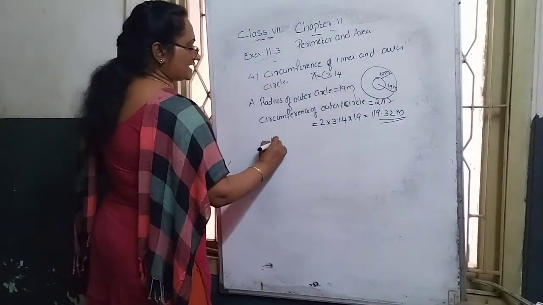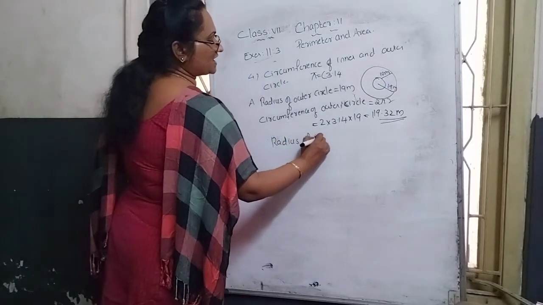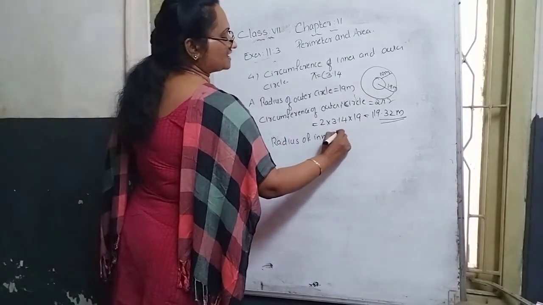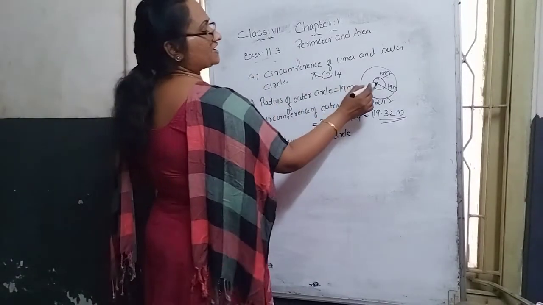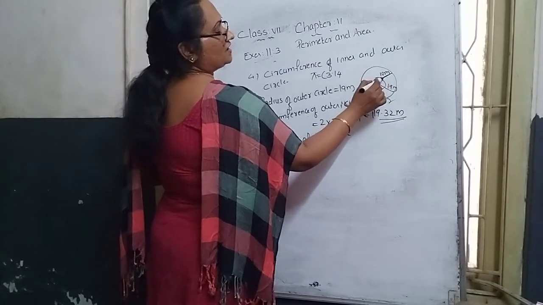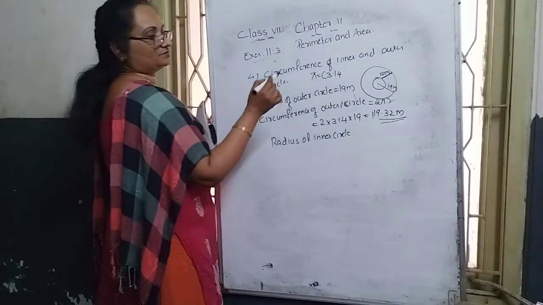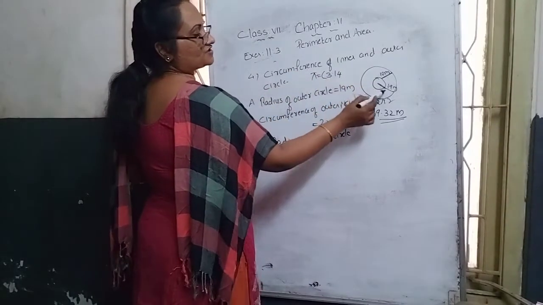Next, the radius of the inner part. Look at the diagram. The radius of the inner part is not given, but we are able to find it. How to find it? The outer radius is subtracted with the width of the ring.